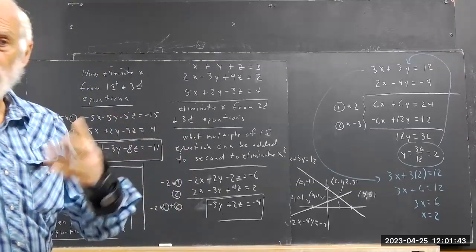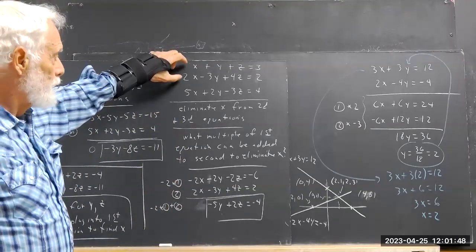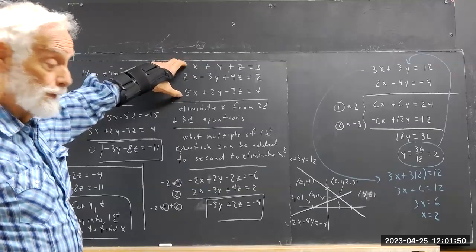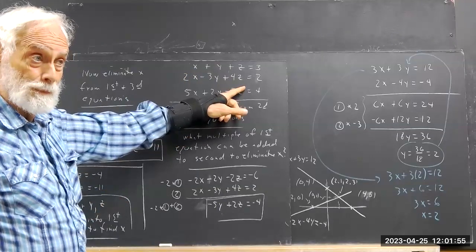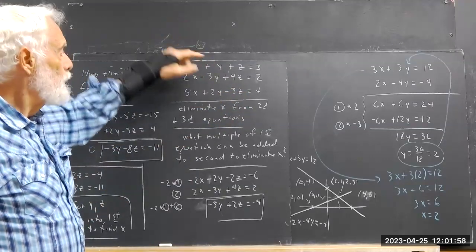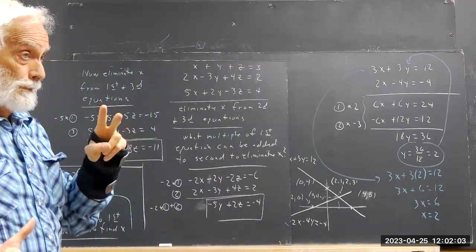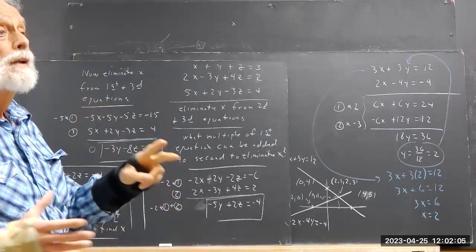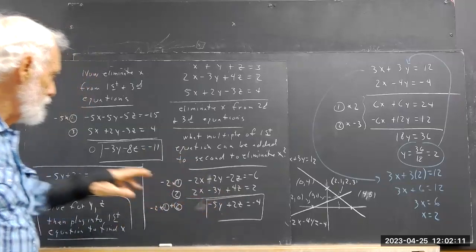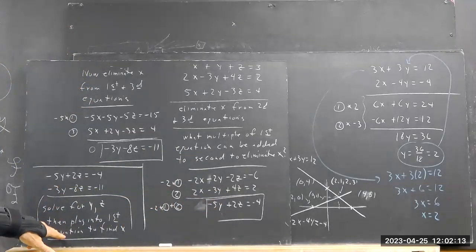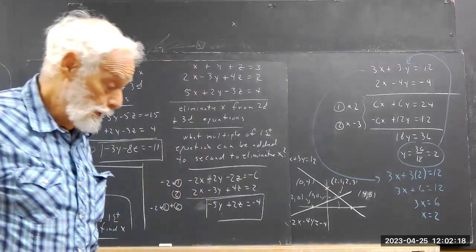And so we could have eliminated y from, let's say, these two equations or these two equations, and gotten two equations that would have x and z. The point is, you can pick any one of these three variables and eliminate it from two pairs of equations. You get an equation of two variables, you solve it, you plug that solution back in and find the third variable.